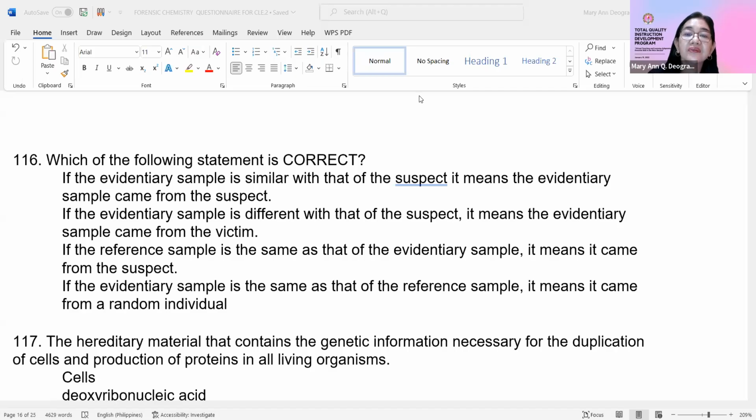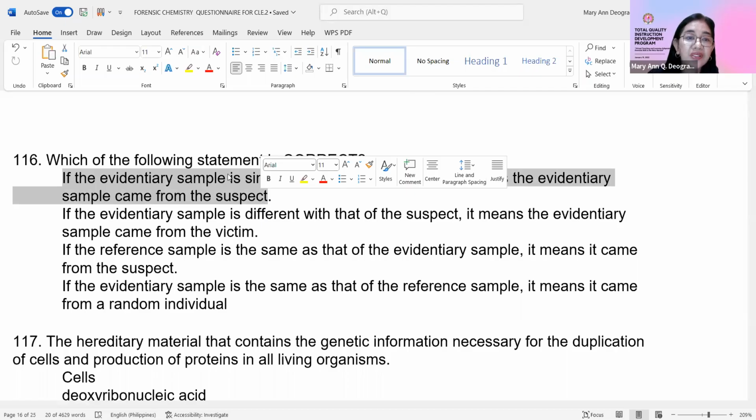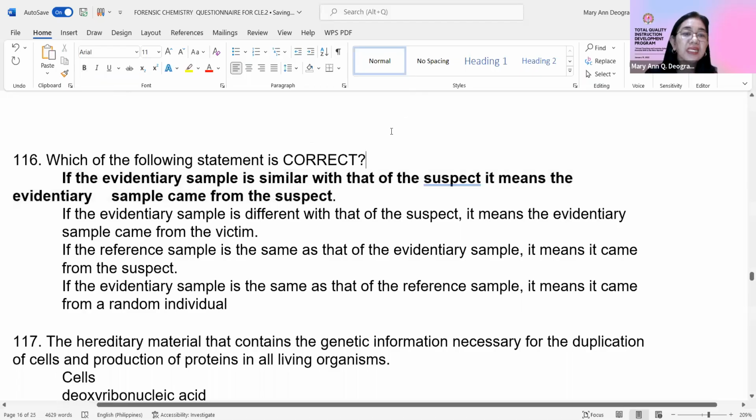Okay, it's the A. Okay, so ito yung sagot dito. Pag yung evidentiary sample, evidentiary is the question, no? If the evidentiary sample is similar with that of the suspect, so ibig sabihin, galing sa suspect yun.